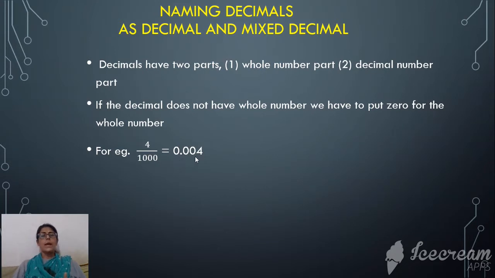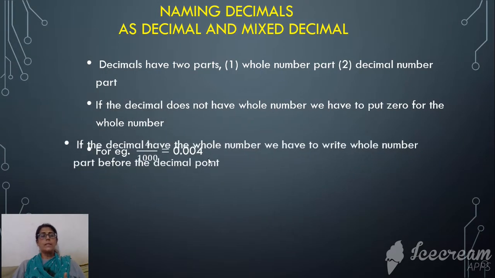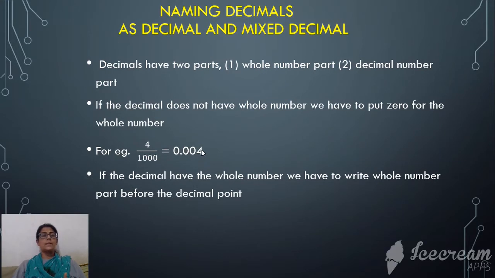And after the decimal we have to place 3 digits, here we are having only one digit, that is 4. So before the 4 we have to place 2 zeros, right? So how we will read this? We will read this as 0.004, right?